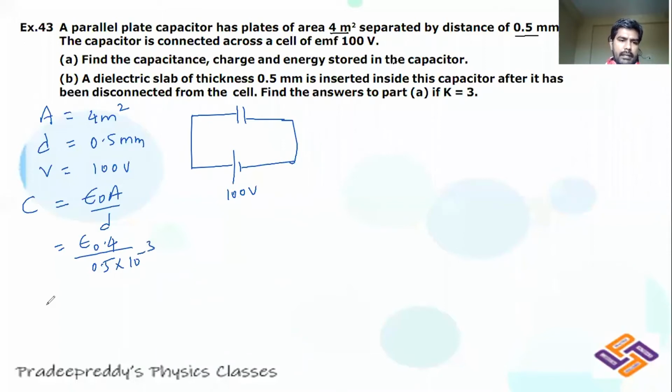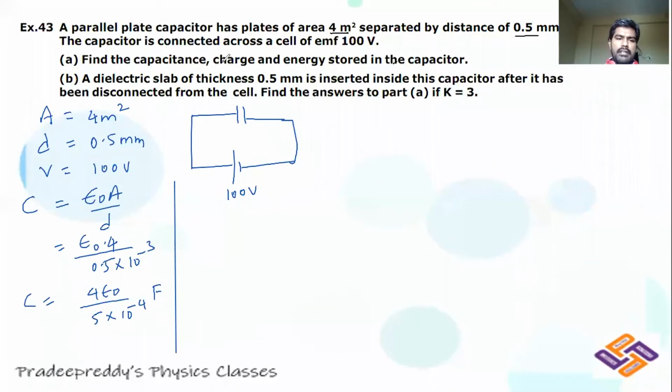So C can be written as 4 epsilon naught divided by 5 into 10 power minus 4, and this is in farad, and this is the capacity of the parallel plate capacitor. Now we have calculated the first term, it is capacitance we have already found.